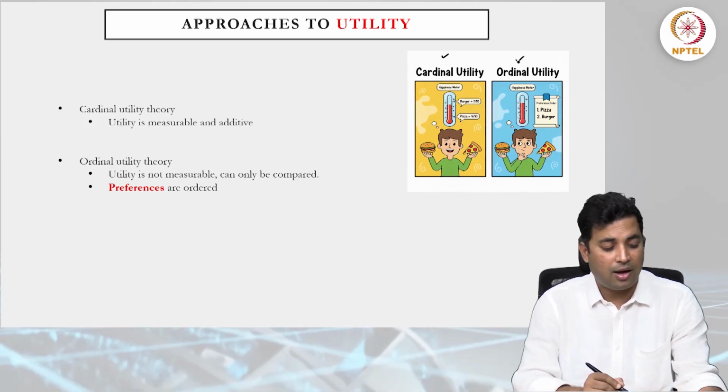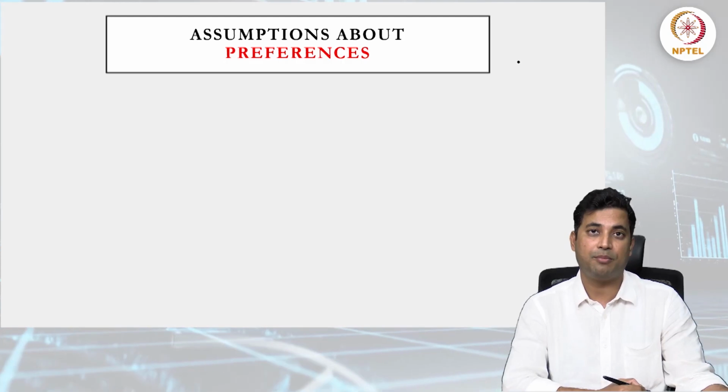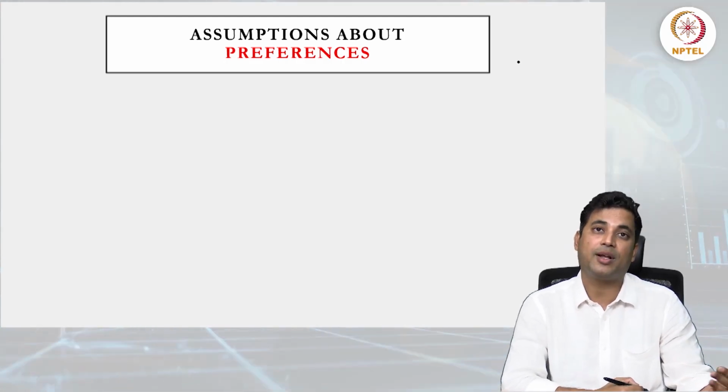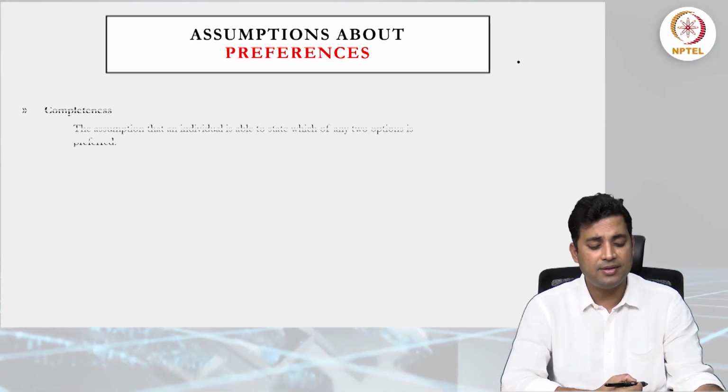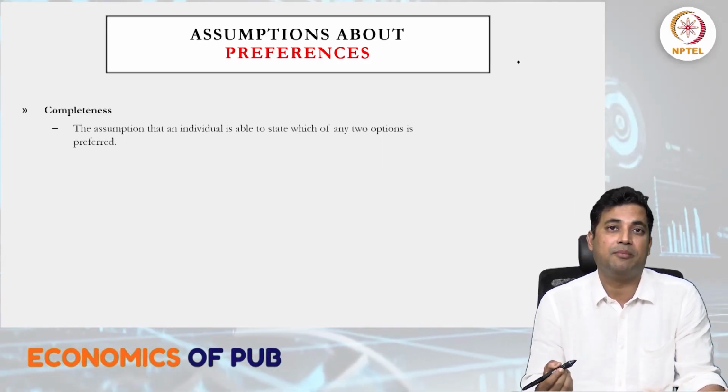So now, when we are talking about preferences, let us talk about certain assumptions about preferences. There are three broad assumptions on preferences. The first one is completeness. What does that mean?